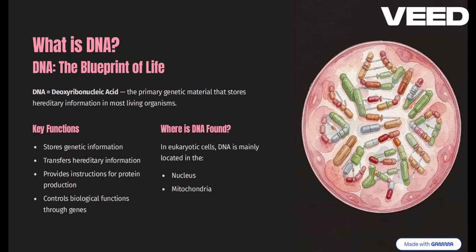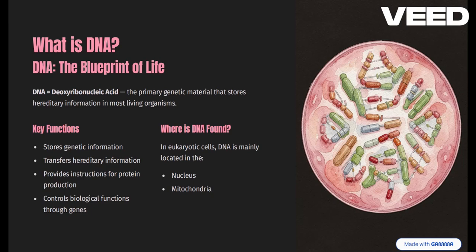Now let's start with DNA. DNA stands for deoxyribonucleic acid. DNA is the primary genetic material that stores hereditary information in most living organisms. You can think of DNA as a biological information storage system. It contains the instructions required for the development, functioning, and reproduction of an organism.